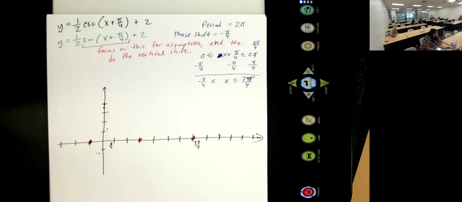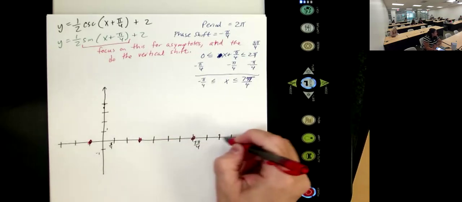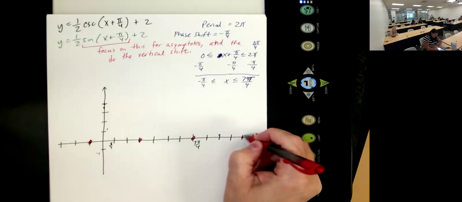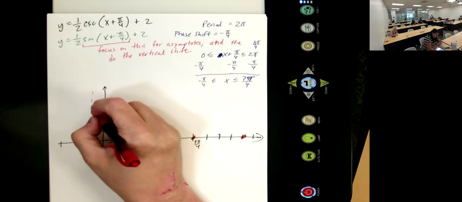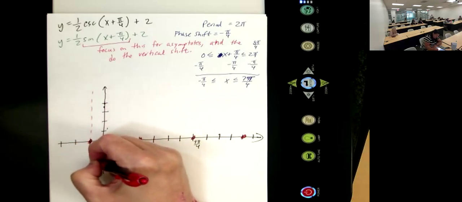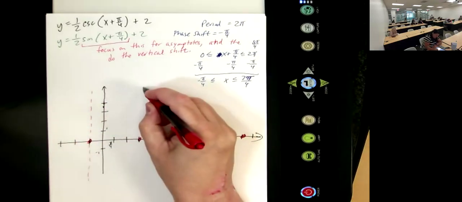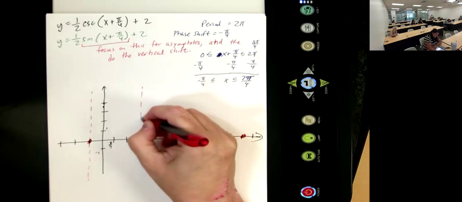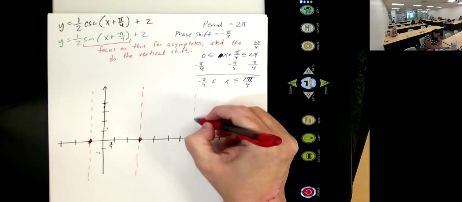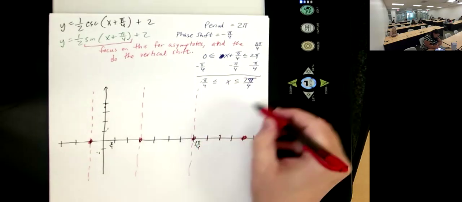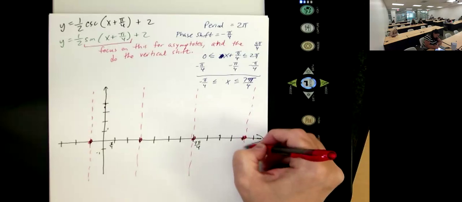And the zeros, so it looks like every 4 of these are my zeros. Those are my asymptotes. Before I pencil anything in, I'm gonna put in my asymptotes, because they give me my zeros, now before the phase shift or vertical shift.